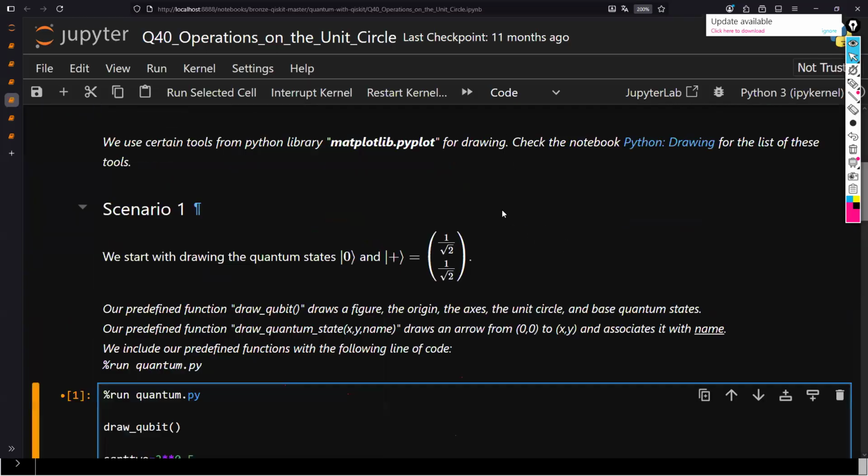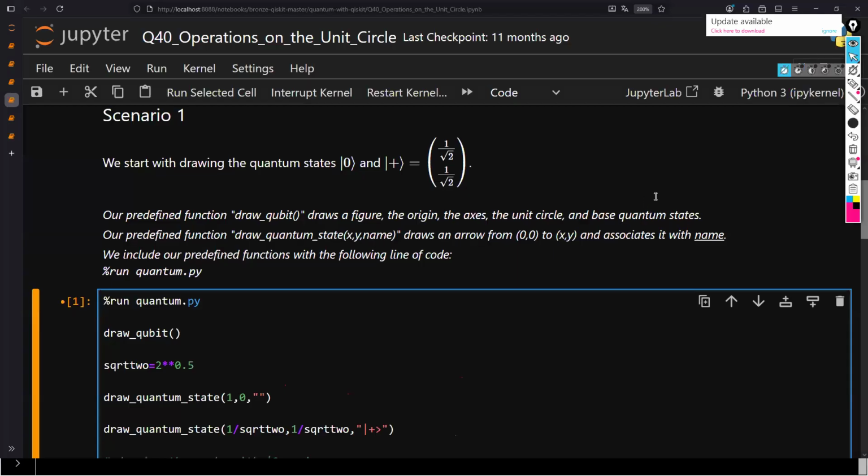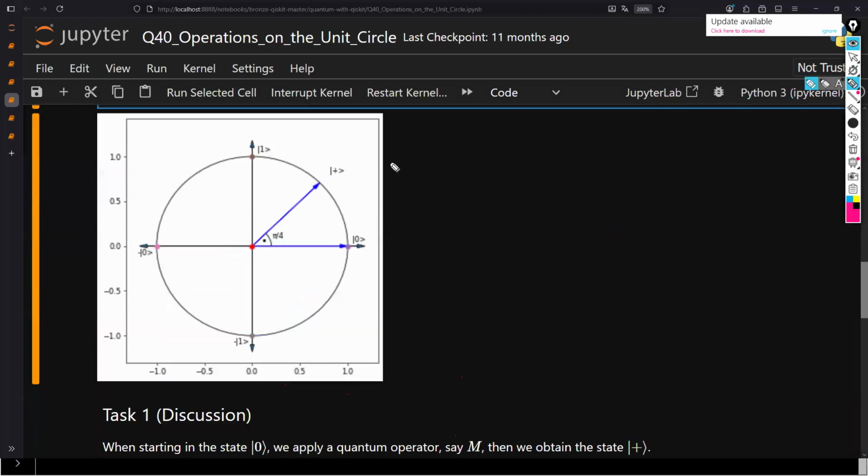So here in the first task, in the first scenario, we draw a ket 0 and ket plus. These representations turn out to be here. So we land pretty much on the axis that looks like y equals x. And our 0 is what we have previously said, so it is on the x-axis.